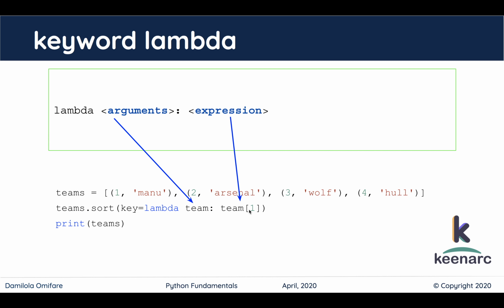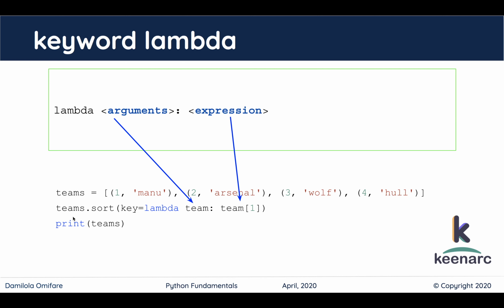Because sort goes through this list, when I say index 1, instead of using the position at index 0 to sort it, it's going to use the names to sort it, because this is index 1. And so this is how you can use lambda to do some computation. You can use it to do almost anything you want, as long as you just need that function for a short period of time.